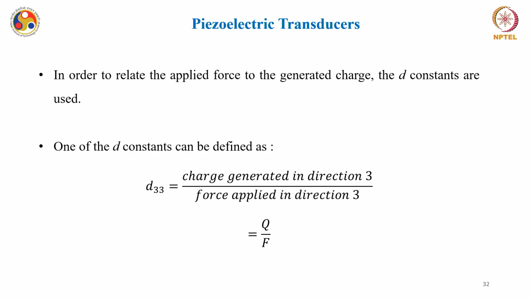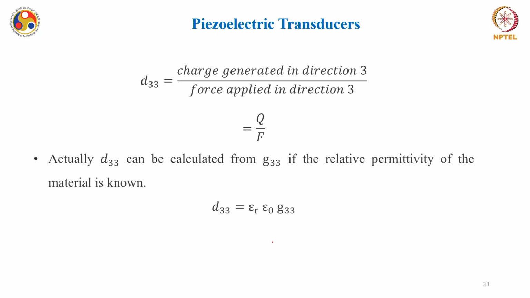We have already seen that the first term suggests the electric quantity, and the second is the direction of the mechanical force applied, okay. And this is also equal to Q by F. We have just seen that Q is equal to D into F, okay.